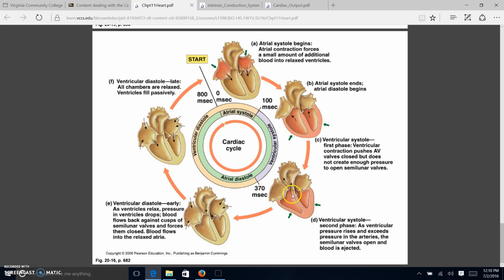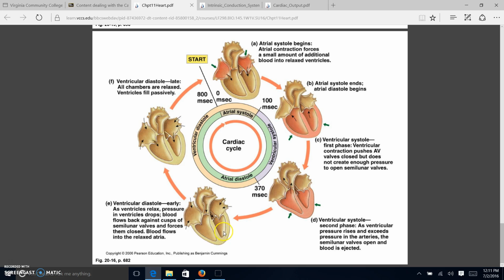We continue to squeeze the blood up, which keeps these valves shut but squeezes hard enough to open these valves, so the one-way blood flow now starts going through our pulmonary trunk, into our pulmonary arteries, and our aorta. Okay, once we have squeezed, and we don't squeeze every drop of blood out but we do squeeze the majority out, then within that 270 milliseconds of squeezing, we start relaxing again.